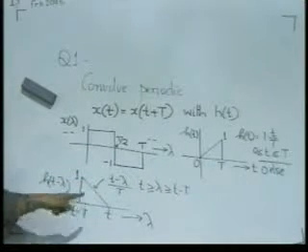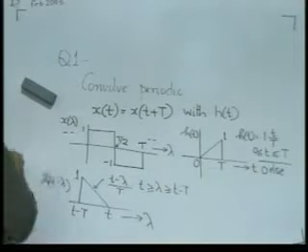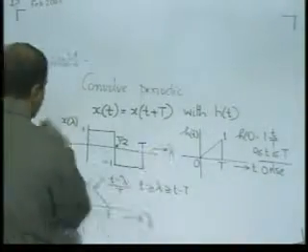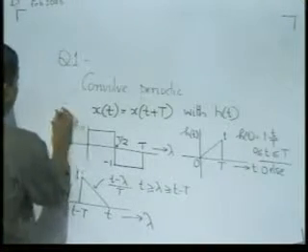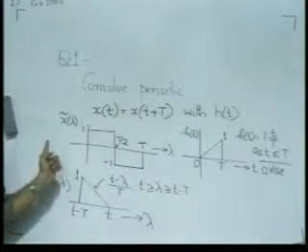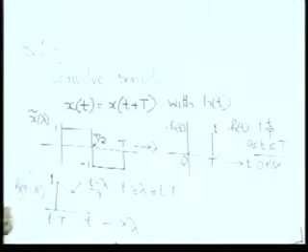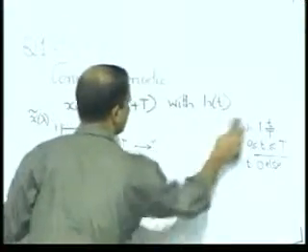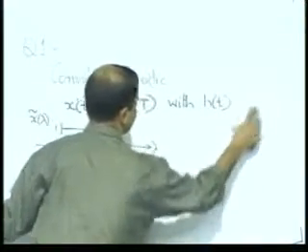Now, let's talk about an x tilde of lambda, which is just this without the dotted extension, right? And we now find the convolution of these.